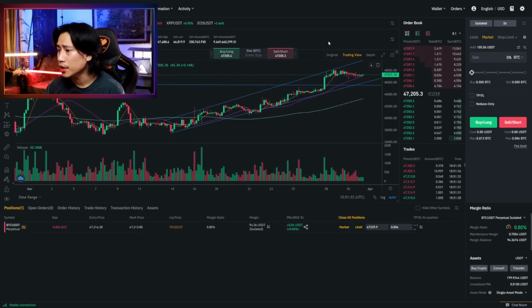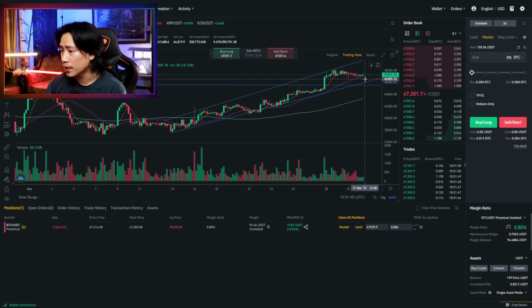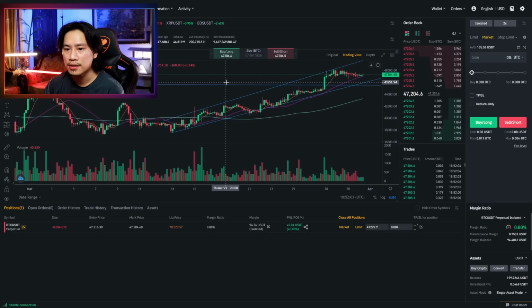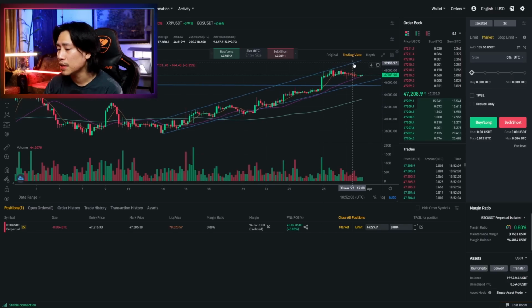Now, we are predicting that it will have a short dip somewhere around here, maybe around 47,200 or 47,000. We could do 47,000 somewhere around here. And then for the stop loss, we could set that at a higher one, let's say for example, somewhere around 50,000.